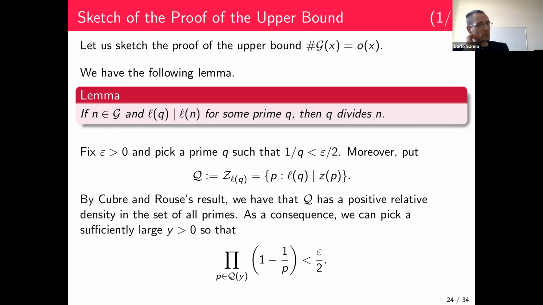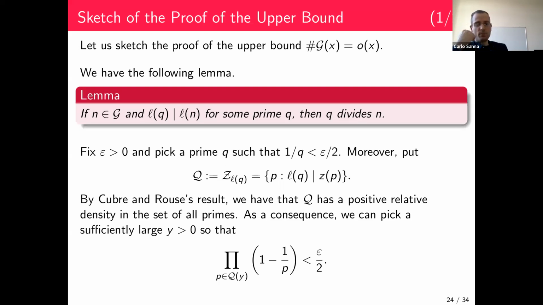Now, what is the idea of the proof? First, we fix a small epsilon. We want to show that the natural density of G is less than epsilon. Then we pick a prime Q such that 1 over Q is small. And for the sake of notation, we put big Q as Z of LQ, so all the prime numbers P for which the rank of appearance is a multiple of LQ.